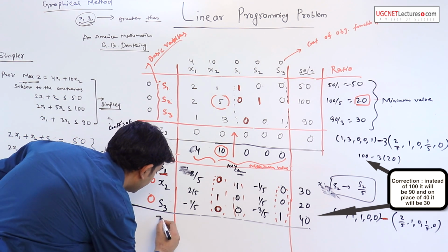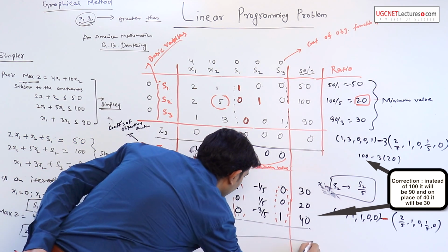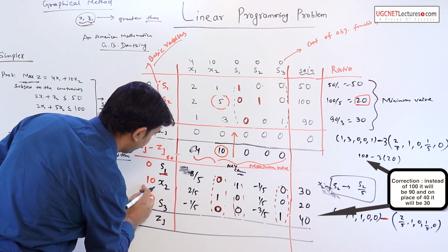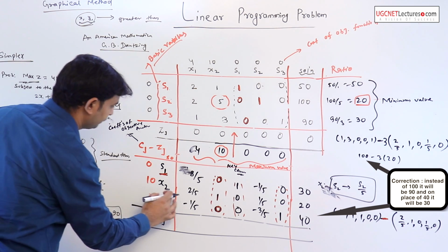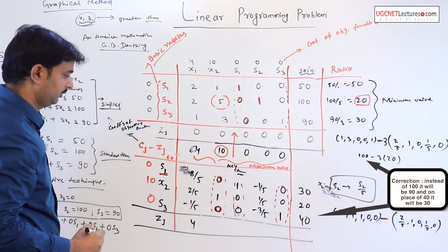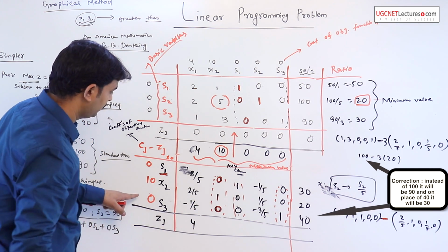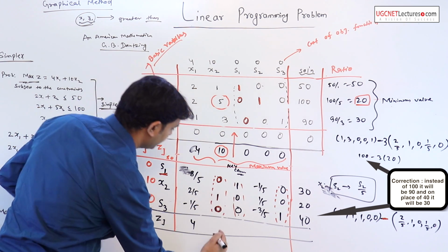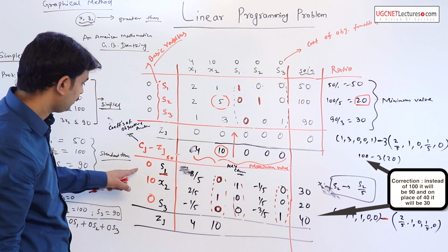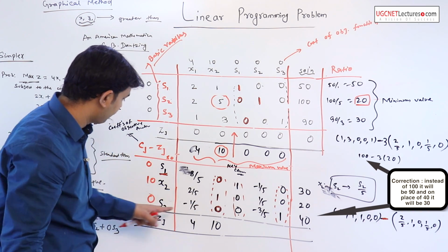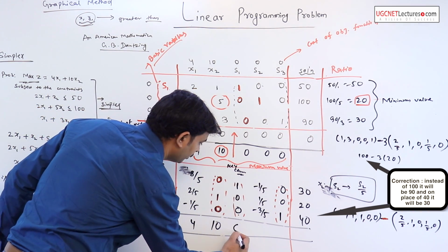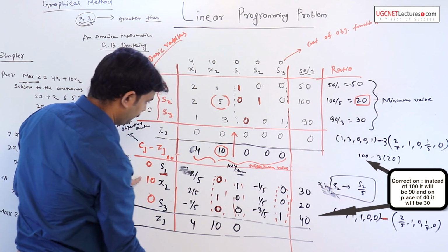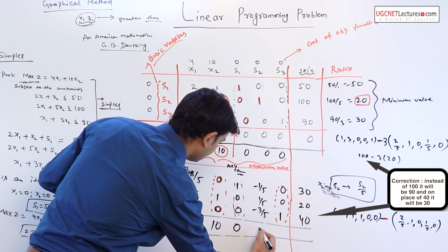So here, similarly, Zj is 0 into 8 by 5, and 10 into 2 by 5, it is 4. 0 into 0 plus 10 into 1 plus 0 into 0, that means it's 10. 0 into 1 plus 10 into 0 plus 0 into 0, that means it's 0. 0, 2, and this is 2.